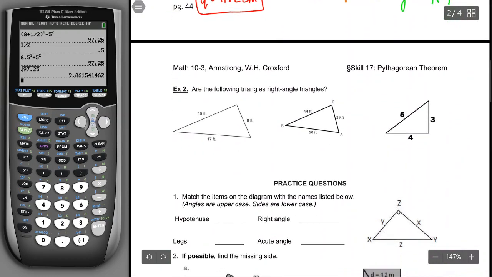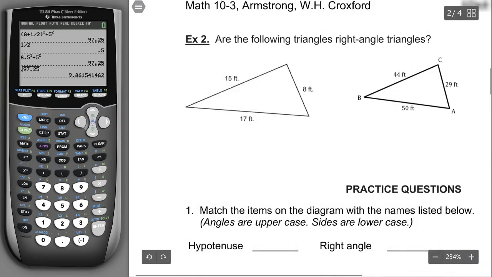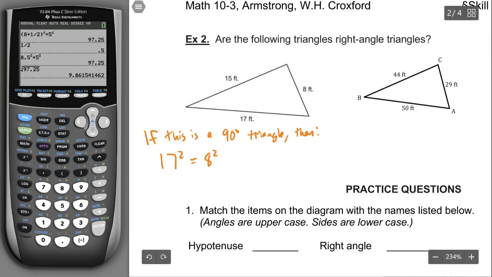So let's try these. This first one here. If this is a 90-degree triangle, then short side squared, or I guess let's do it the other way around. Long side squared equals short side squared plus the other short side squared.